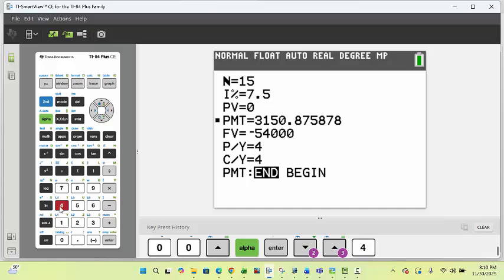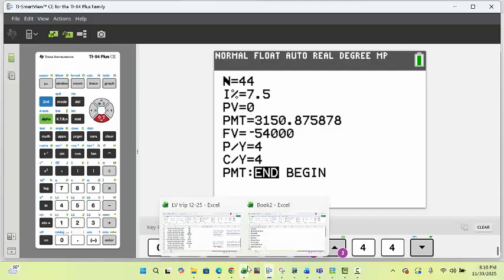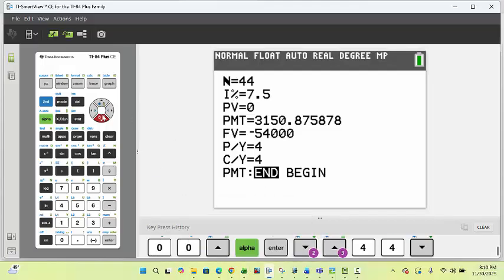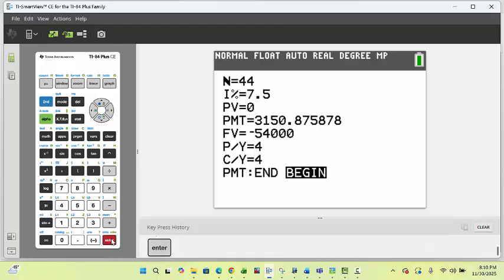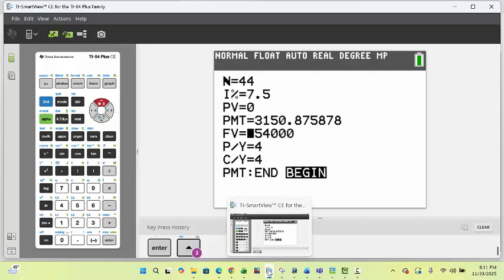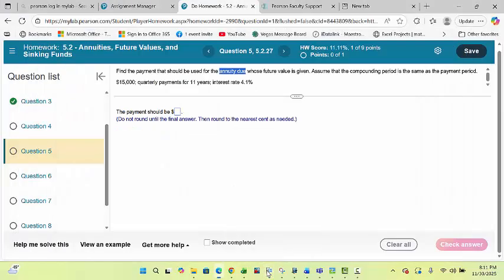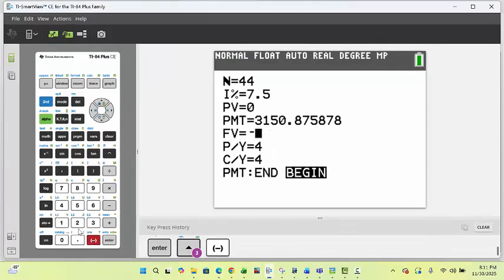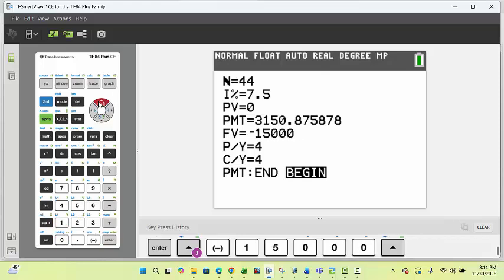That makes 11 times 4 will be 44. Okay, we already got quarterly. Let me jump ahead here and highlight the begin right here. So it's annuities due, so we use begin. And let's see. $15,000 is the future value. Okay, the PV is still 0. And now I can go alpha solve.